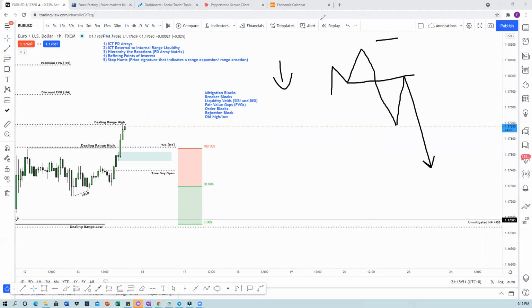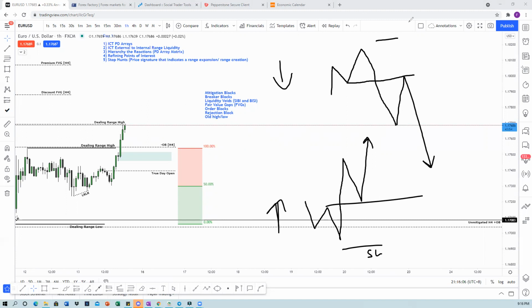Then a bullish breaker block is a low, lower low, and price goes higher. Stops here, and your take profit is wherever you want it to be. Let me call this SL. Like I said, these are points of reversal.